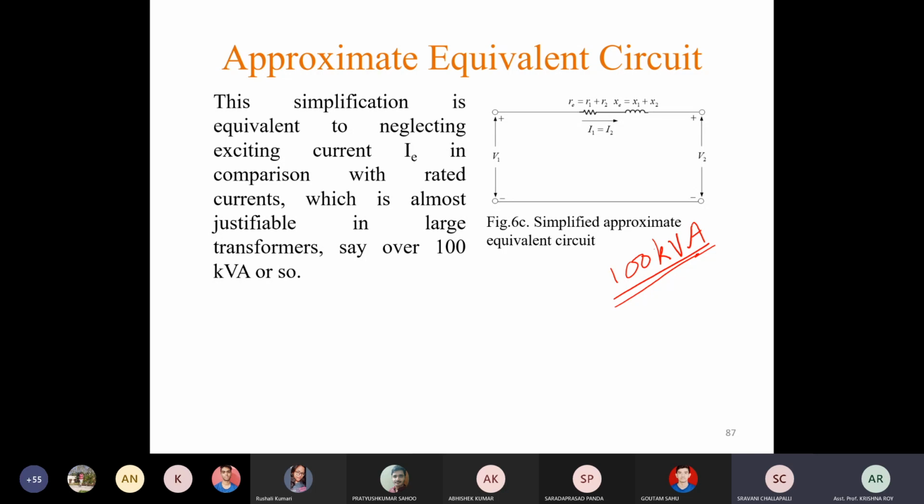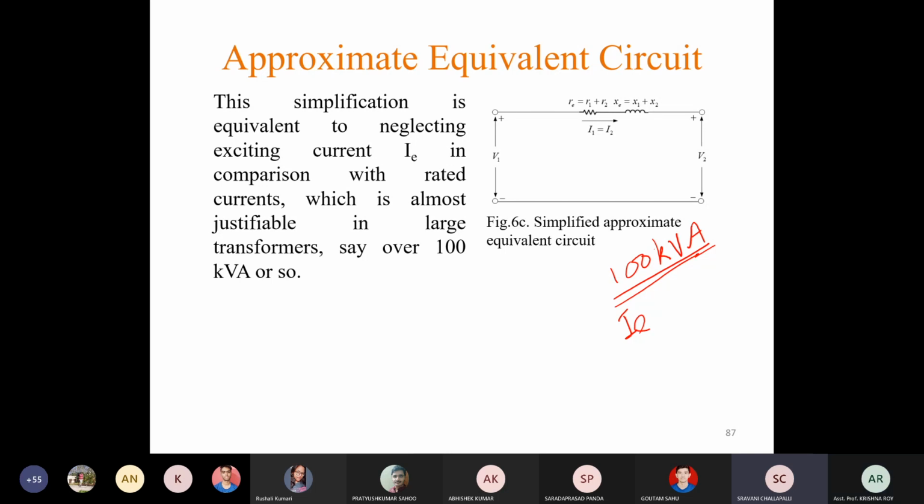Because for transformers having this higher power rating, only in those cases can the exciting current be neglected.